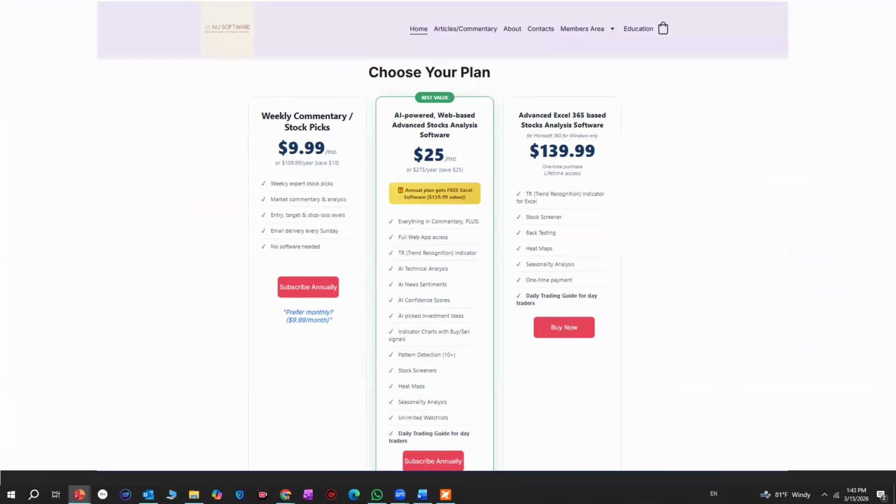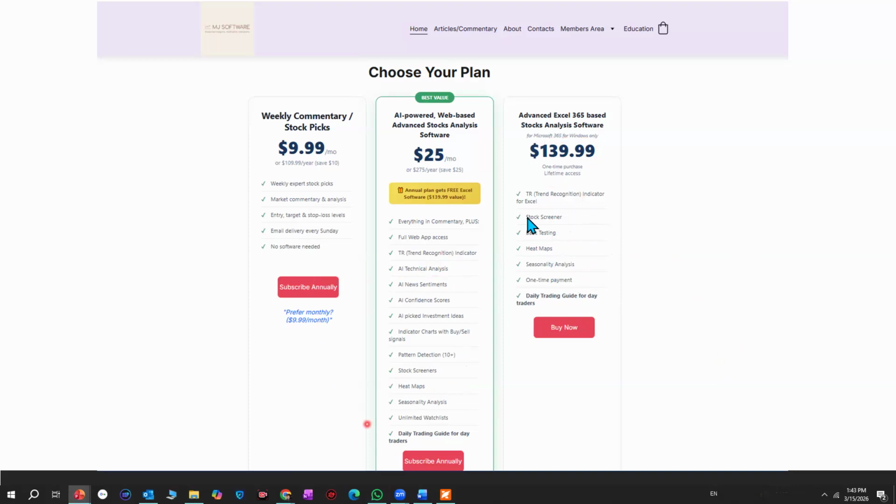The Excel auto update: Excel does not have the day trading feature. It does not have the AI systems and the new indicators. Excel has the TR indicator, stock screener, and some of its own backtesting. But for Excel to run, you need Microsoft Excel, Microsoft 365 for Windows only.